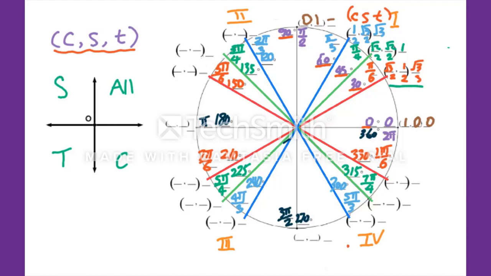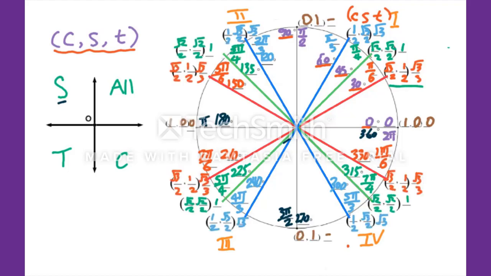Then you can analyze for each quadrant which trig function is positive, then the other two must be negative. For example, for the second quadrant, we know sine is positive, means cosine and tangent are negative. Now I finish labeling the coordinates for each point according to their reference angle.